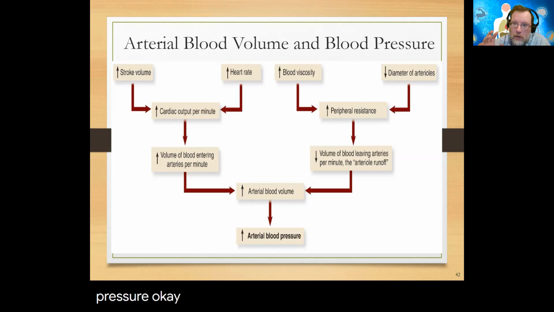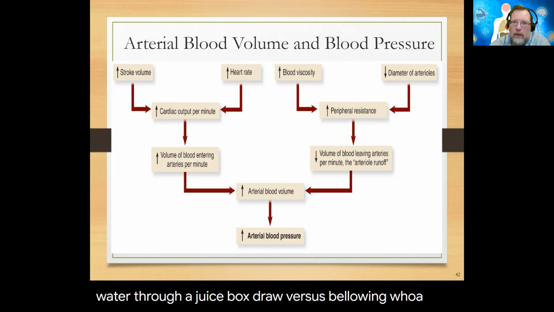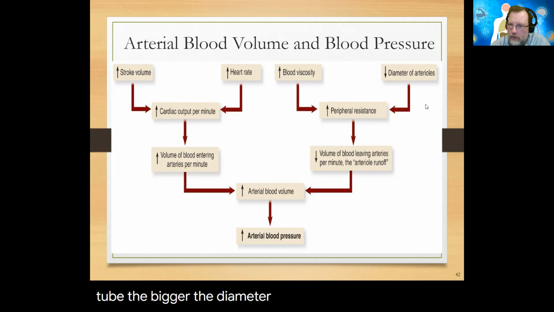It's the difference between trying to blow water through a juice box straw versus a regular straw versus a garden hose versus a fire hose, and so on. The bigger the tube, the bigger the diameter, the less resistance. So decrease in diameter, increase in resistance.